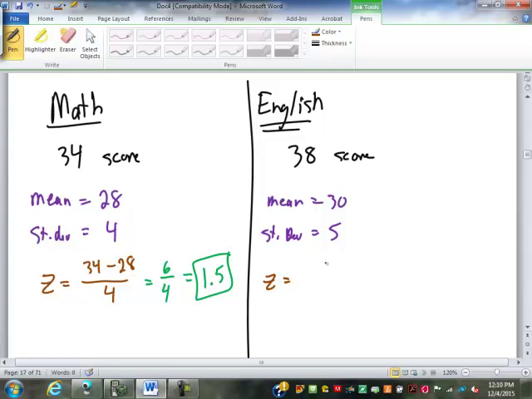How about for English? I'm going to give you guys a second in your notes. Quickly calculate the Z-score for the English test.